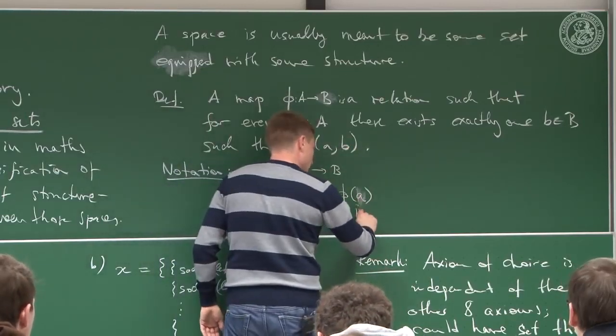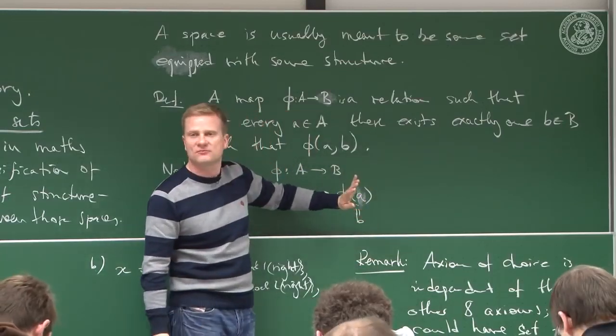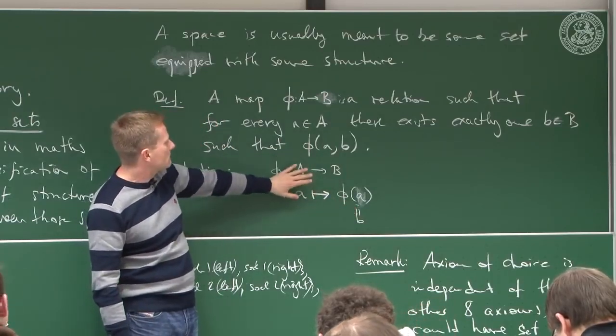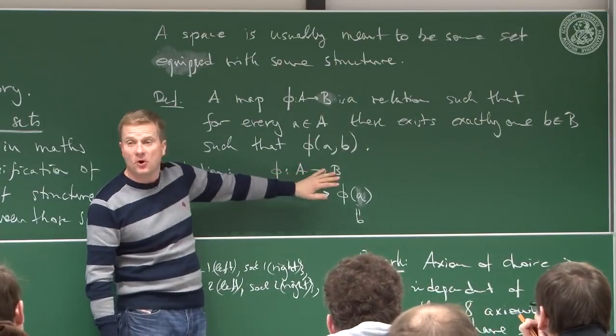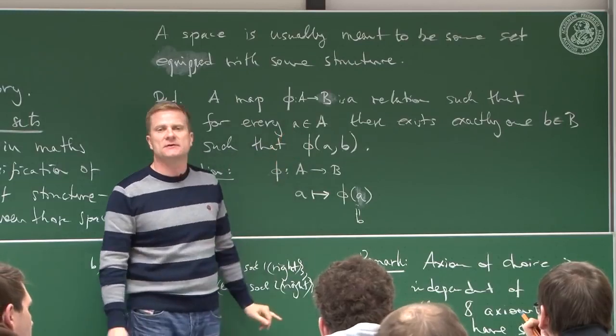Okay, so this is then defined as precisely the b that's unique such that phi of a, b is true. And that's the standard notation, right? But structurally speaking, well, I don't know whether it's important, but it's at least structurally correct to keep in mind that a map is actually a relation.